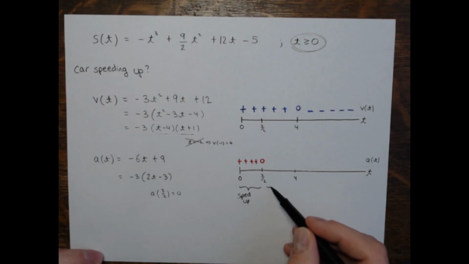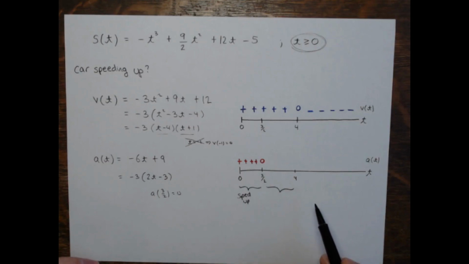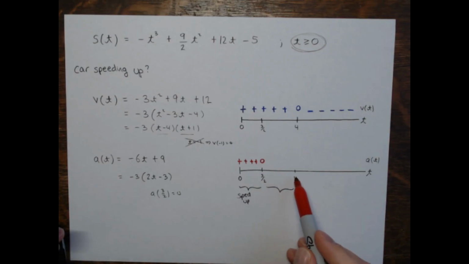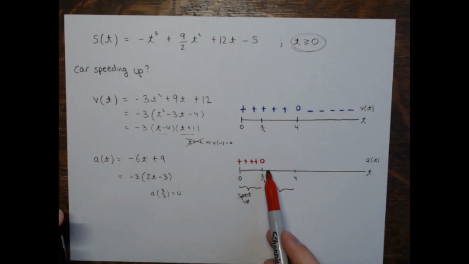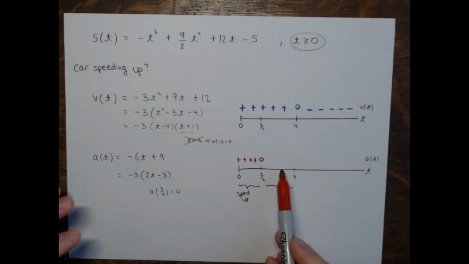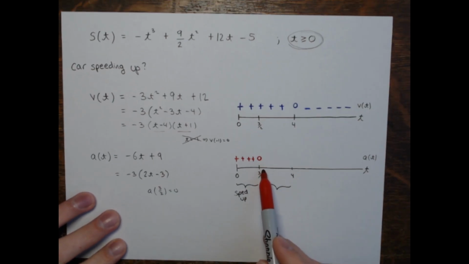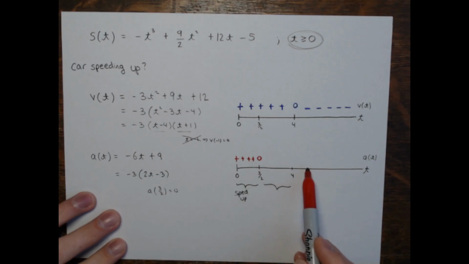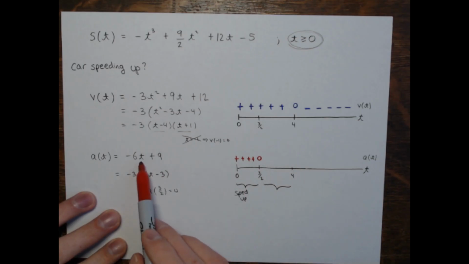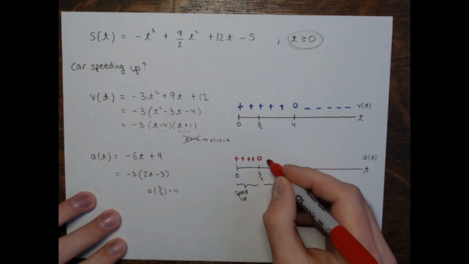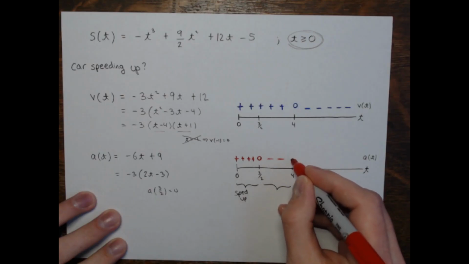Now, for the rest of time, and you could talk about the 4 seconds here, well, actually, we should stop at 4 because that's where velocity is 0. So from 1.5 seconds to 4 seconds, if I were to plug in 4 or anything to the right of 3/2 here, this would be a negative number. Acceleration is negative after 3/2, so it's negative the rest of the time.